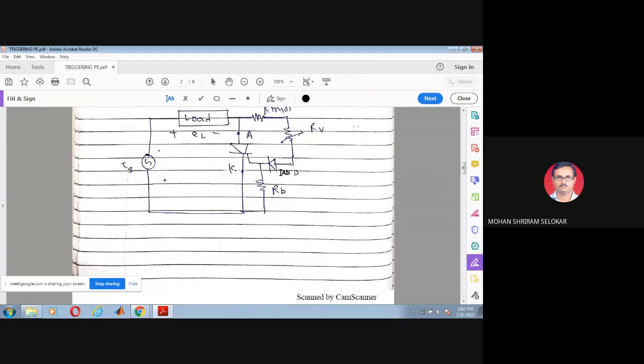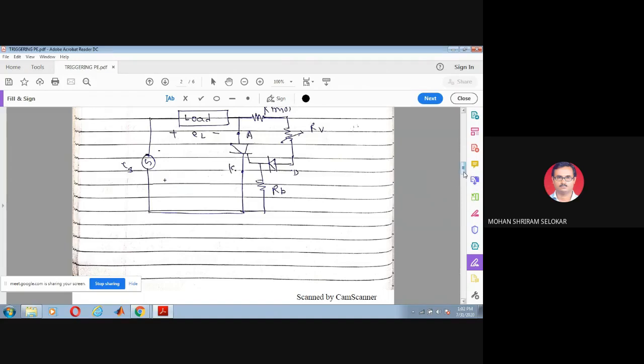When diode D is open circuited, there is no appearance of the applied negative voltage between the gate and the cathode. Otherwise, it may happen that the negative gate voltage appears across the gate and the cathode. To prevent this, we are connecting this diode over here.